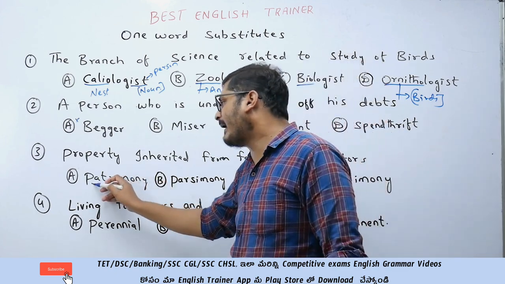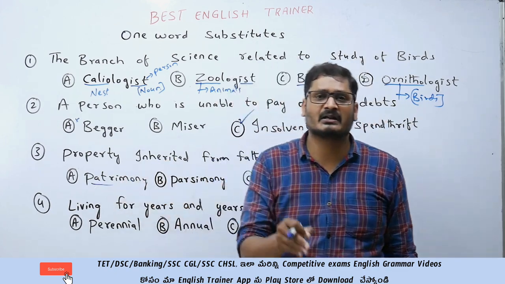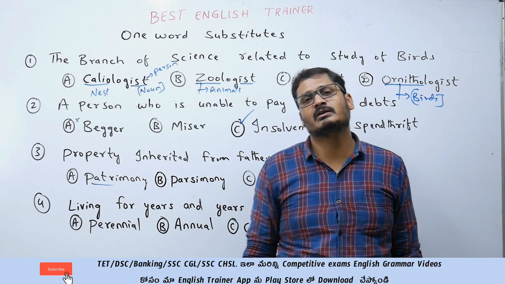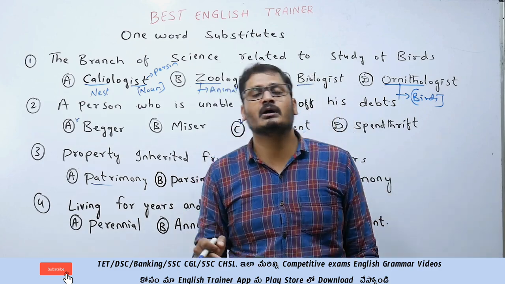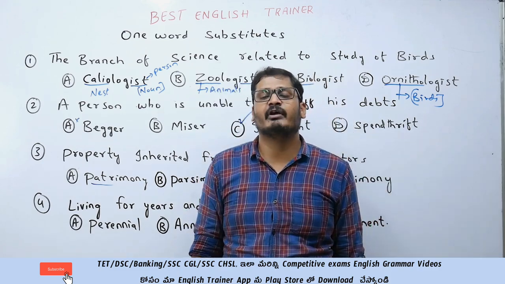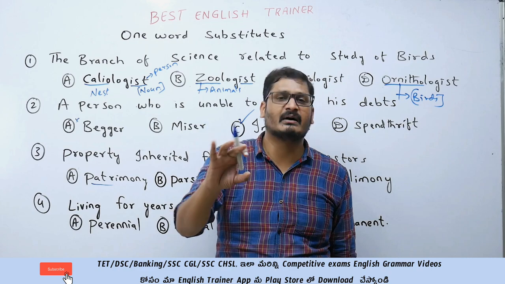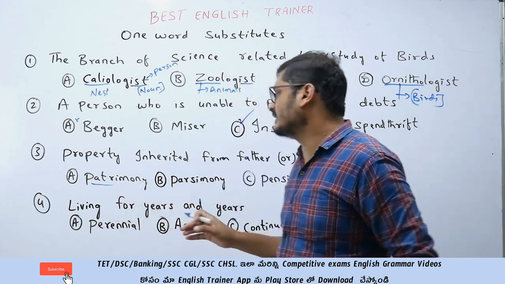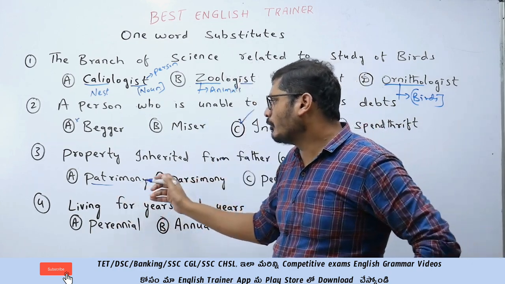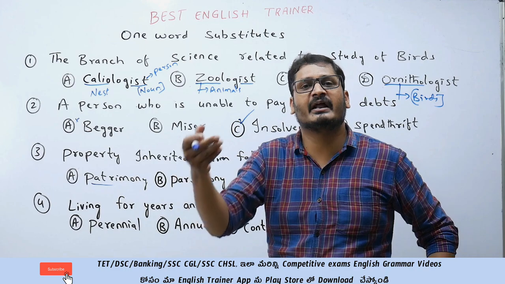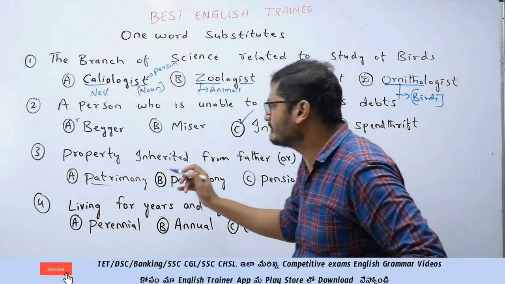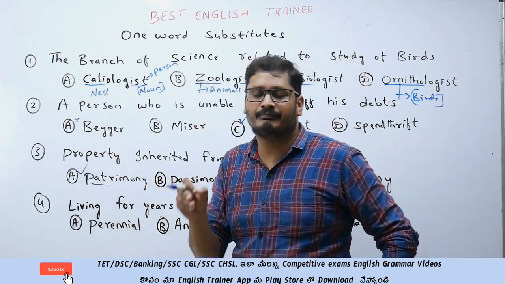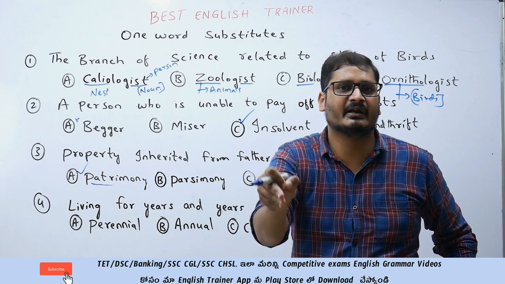You know paternal, we know paternal, maternal, right? What is paternal? Paternal is the father's side. We have maternal. What is maternal? The mother's side. So patrimony is the property inherited from father. Very simple.